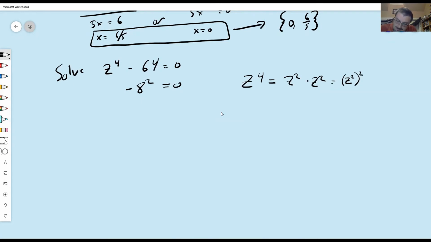So you do that. You have something squared minus something squared. This is a difference of squares.